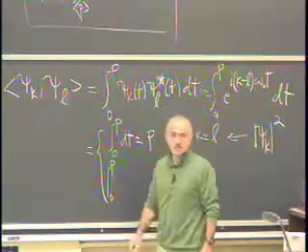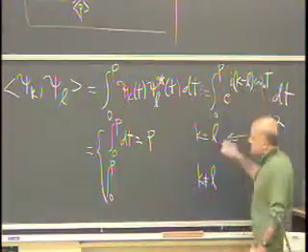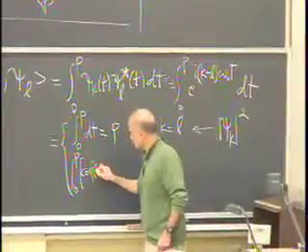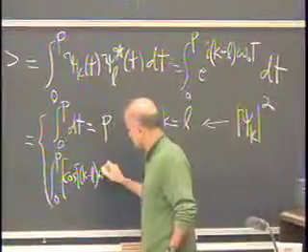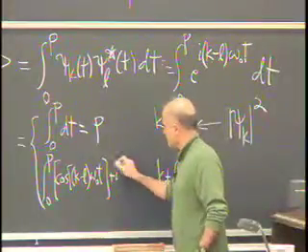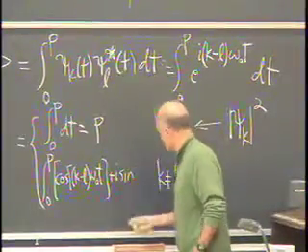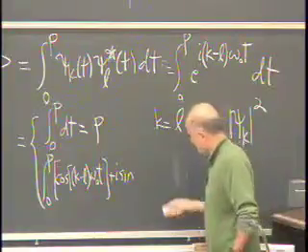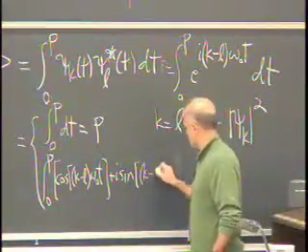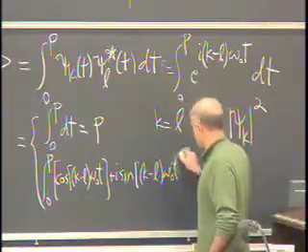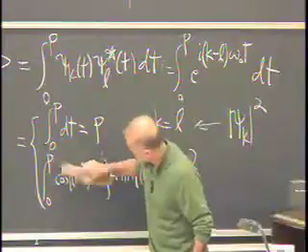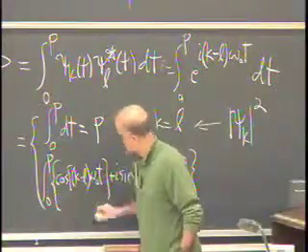I'm integrating from 0 to P. This complex exponential can be written as a cosine and a sine. Remember Euler's? j sine (k minus l) omega naught t, dt.